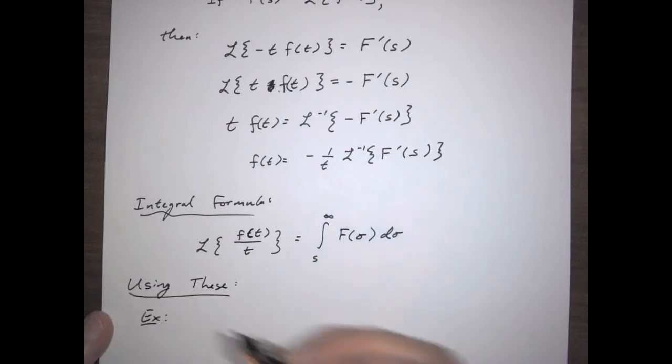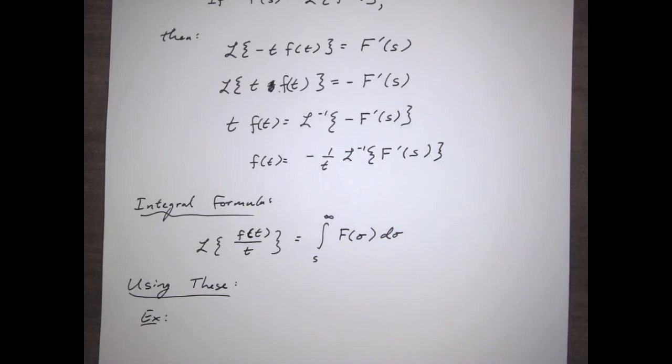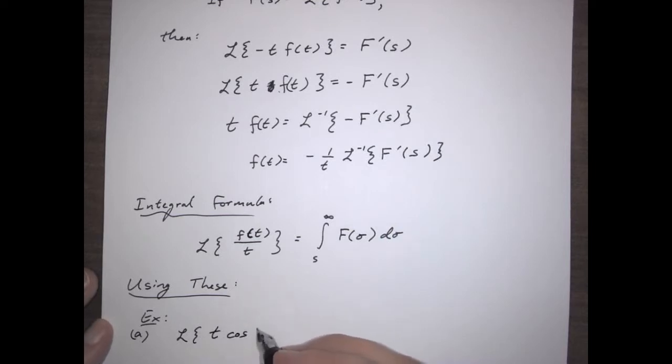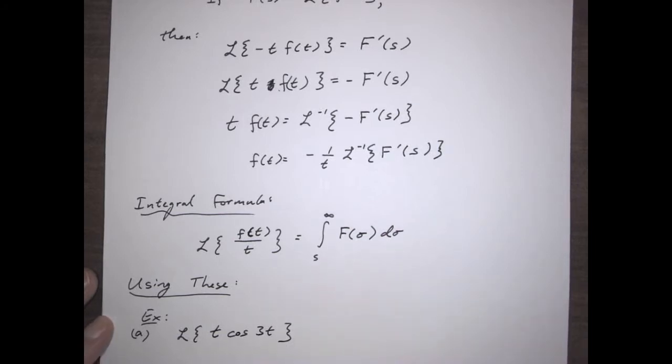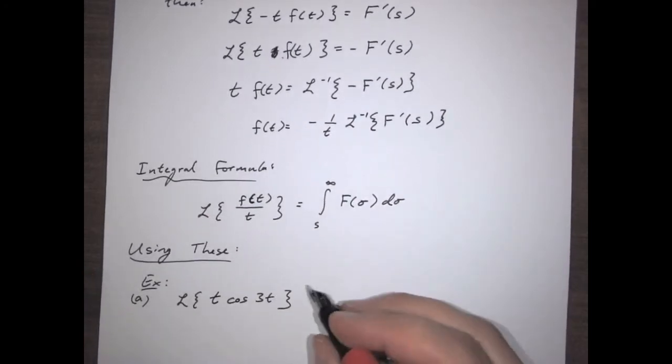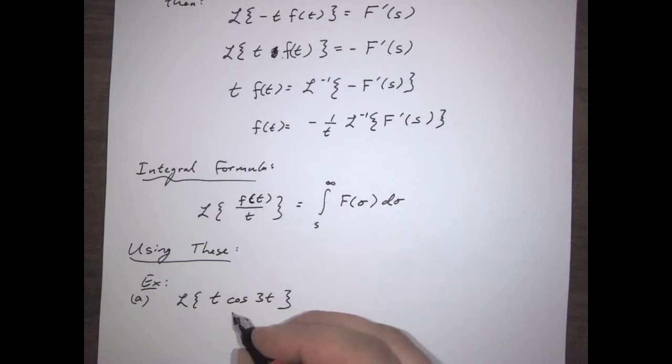So one way of using them would be an example like this. Let's say we want to find the Laplace transform of, let's just say, t cosine 3t. Well, if that's what we want, then we can identify what's going to be playing the role of f here.